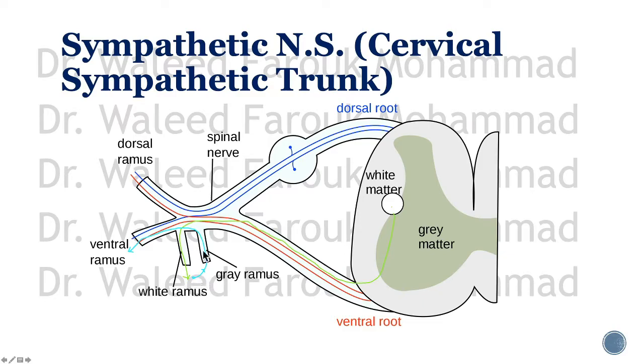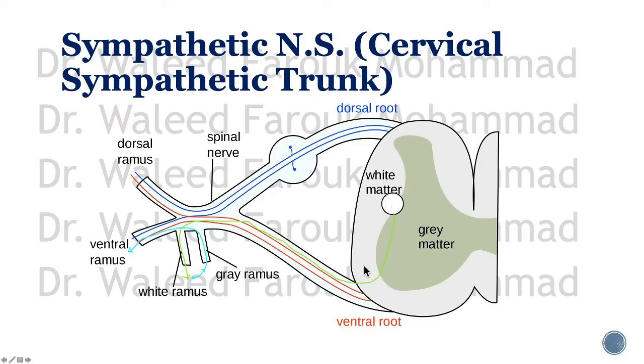These cells will give extensions upwards and downwards. And then the chain, after it's formed, will give off a gray ramus communicans, this one, that goes with the nerve to be distributed with the nerve. So that's how you get sympathetic supply to all of the body from only T1 through L2 segments of the spinal cord.